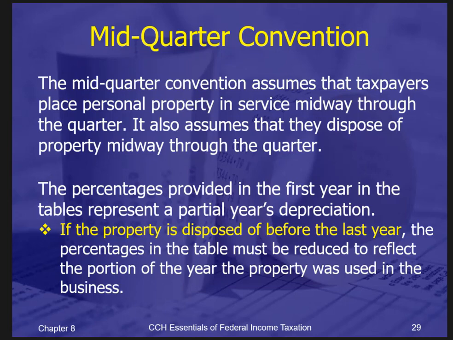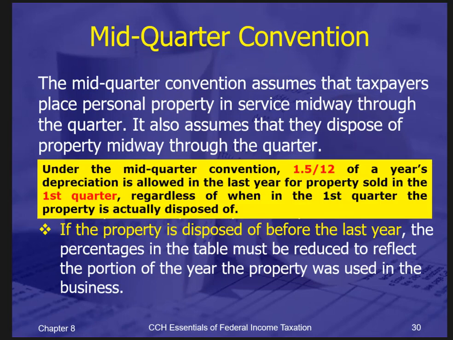Okay, and then you have to worry about the same thing when we get rid of something at the end. We have to consider the depreciation for only part of the year. Now, notice that with the mid-quarter convention, you're always using 1.5, 3, 4.5, 7.5. It's never an even number because midway through the quarter is always the middle of the month.